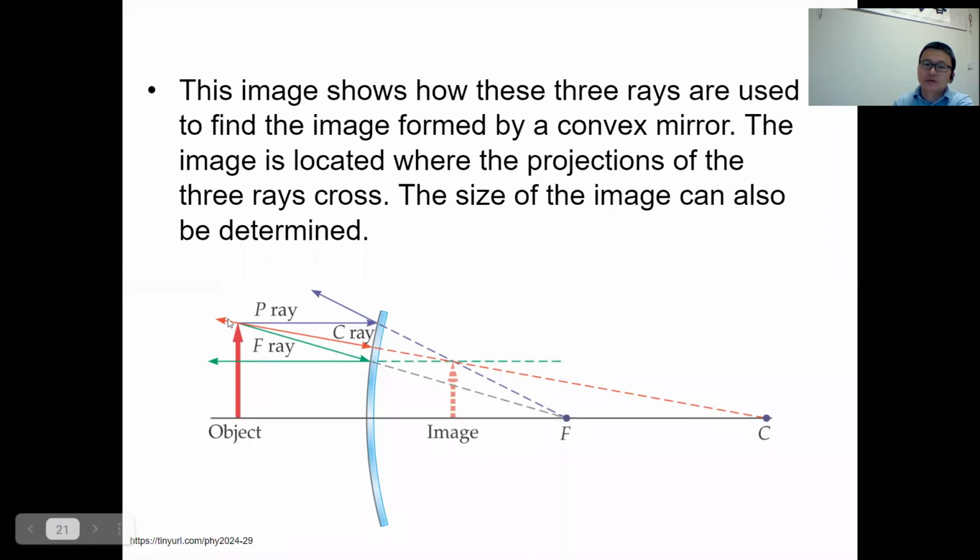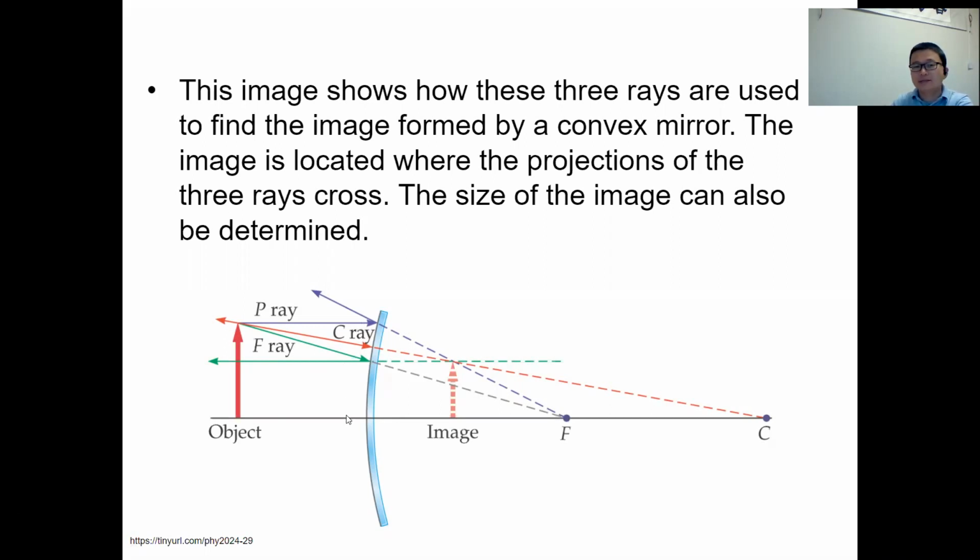For a center of curvature ray, it will appear to be pointing toward the center of curvature, but will get reflected right back. A focal ray appears to go through the focal point behind the mirror. When it hits the mirror, it will get reflected parallel to the central axis. Because this is a convex mirror, the rays that hit the mirror will be further diverged.